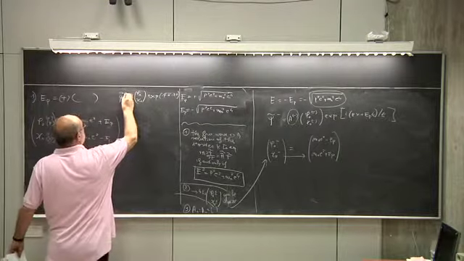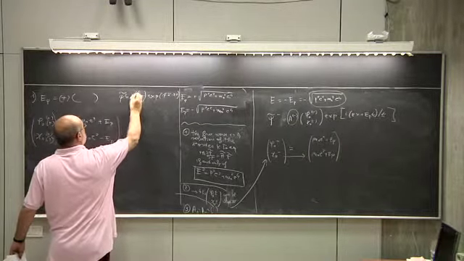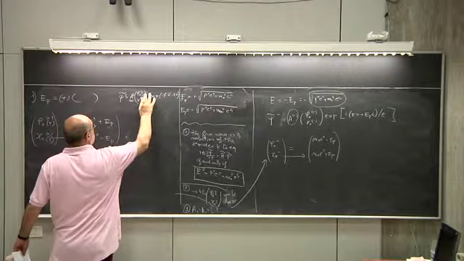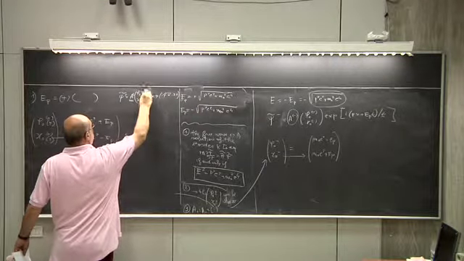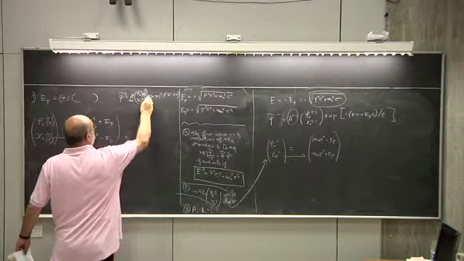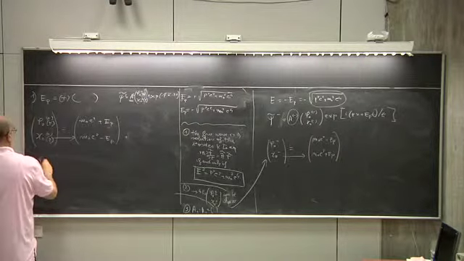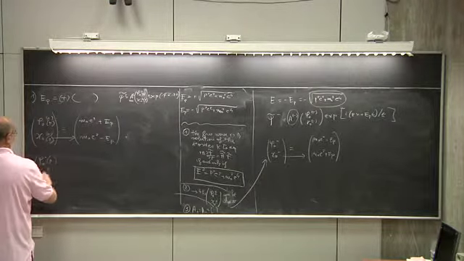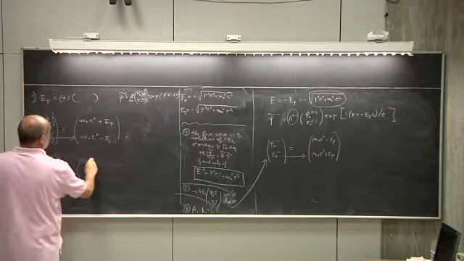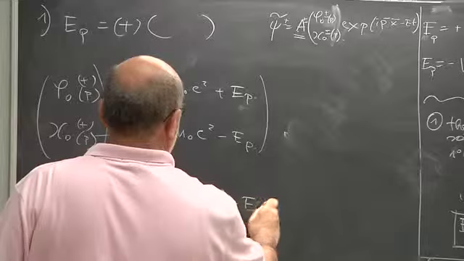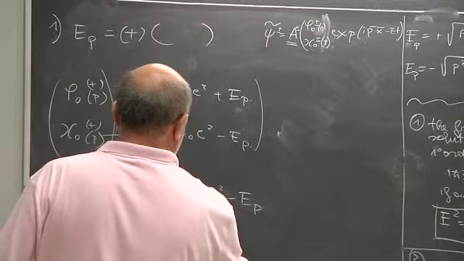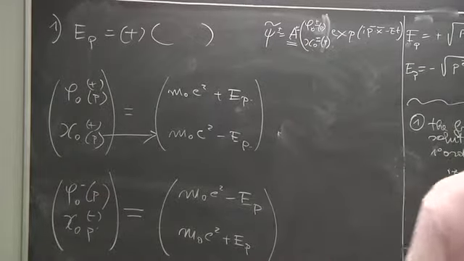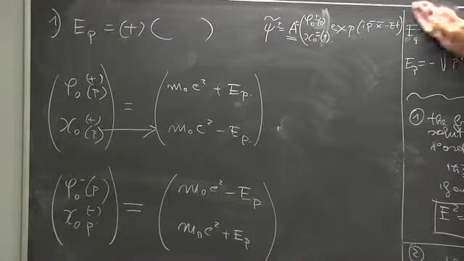So the solution is plus, minus, plus, minus. These are functions of P, and this is a function of P. And remember, we got them. Okay, now I can cancel.